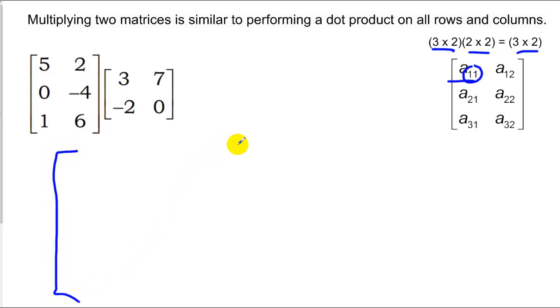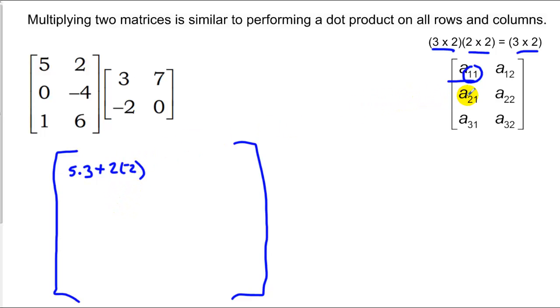In order to do that, I'm going to do a dot product on the first row and the first column. A dot product says multiply the corresponding first parts, so that's 5 and 3, and then add that to 2 times negative 2.